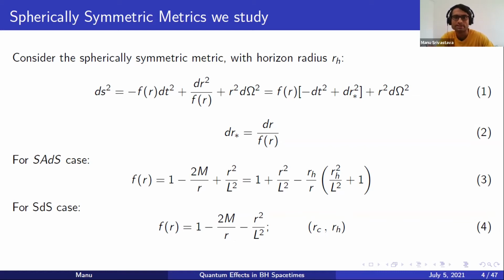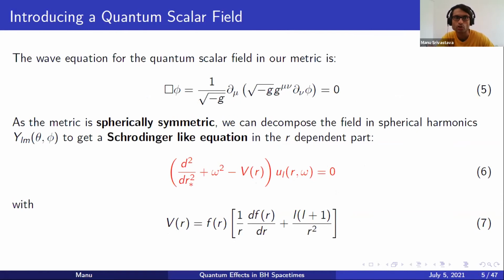So this slide was to describe what our background black hole spacetime is. Now the next step is to introduce a quantum scalar field in the picture. We assume a massless quantum field, and the dynamical equation governing the field is just the wave equation given in equation 5.